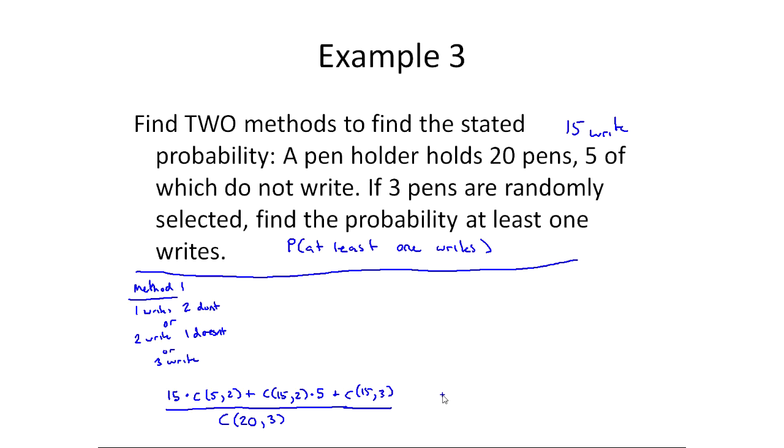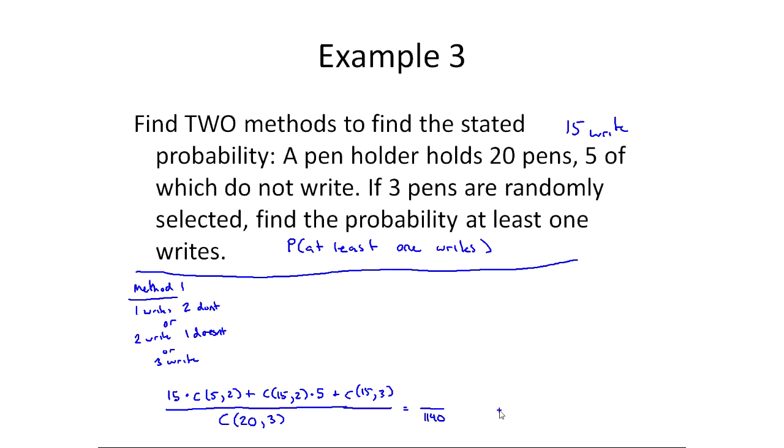But let's go ahead and calculate this. So for my denominator, again, that's 20 choose 3. I get 1140. So I'm going to go ahead and write that down. So 1140.